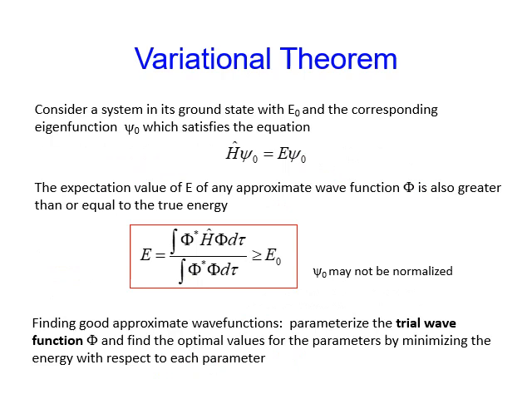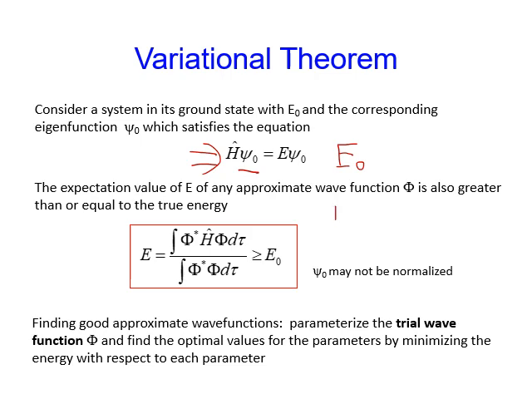In order to calculate the approximate wave function, we use the variation theorem. Suppose psi naught is the true wave function, and the associated energy is E naught. But we cannot solve this Schrödinger equation analytically. So what can we do?